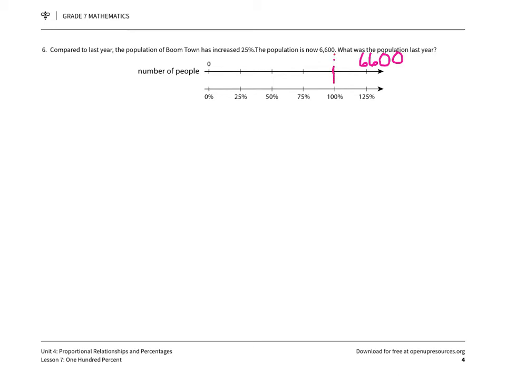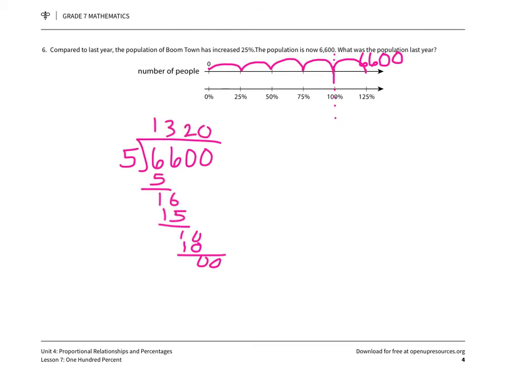So here's the population last year. 6,600 divided by 1, 2, 3, 4, 5 equal sections. 6,600 divided by 5. You can do that out or do it on your calculator. And if we divide that out, it turns out each of those increments is 1,320.